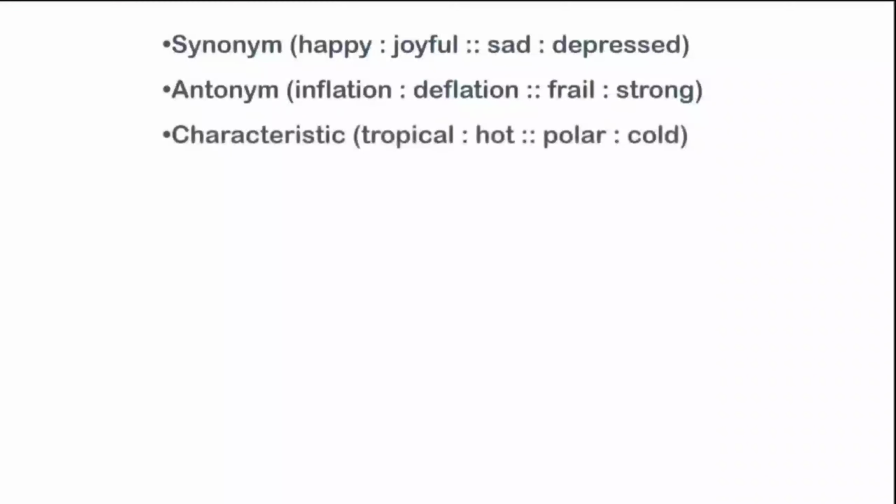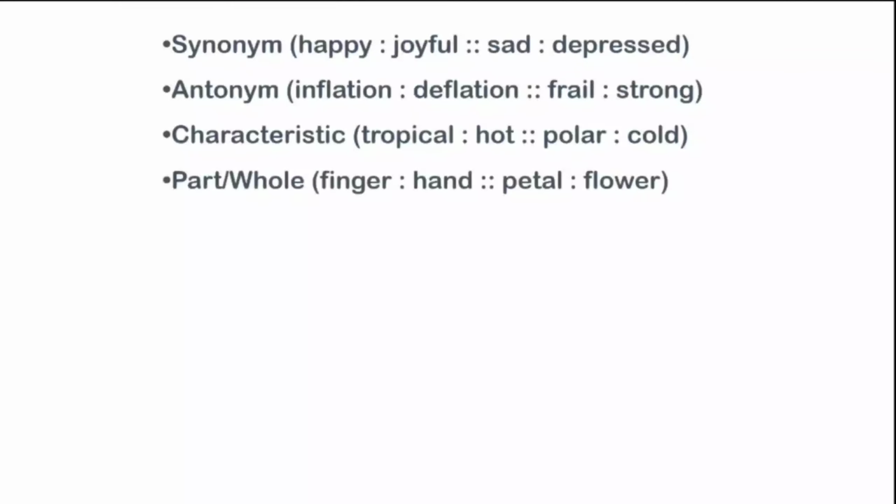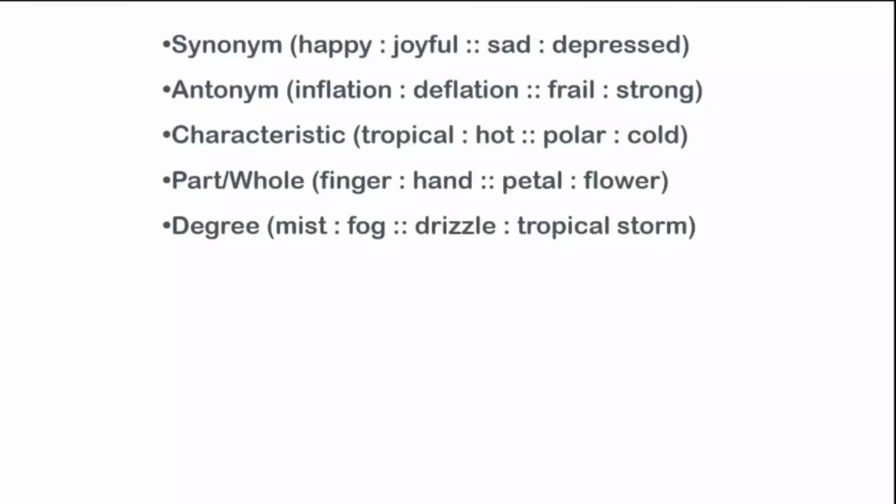We also have characteristic. Tropical is to hot, as polar is to cold. Then next is part or whole. Finger is to hand, as petal is to flower. The next one is degree. Mist is to fog, as drizzle is to tropical storm.